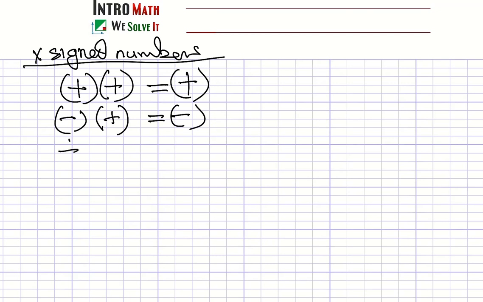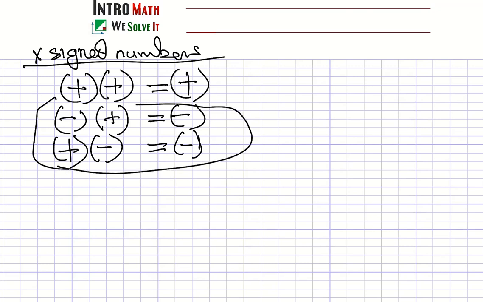When you have a positive number and a negative number on the right hand side, it doesn't matter, you will always get a negative number. So whenever you have a negative number multiplied by something, you get a negative number, okay?